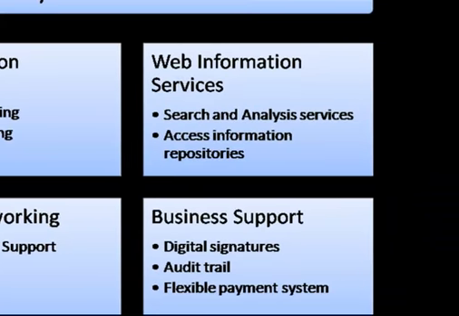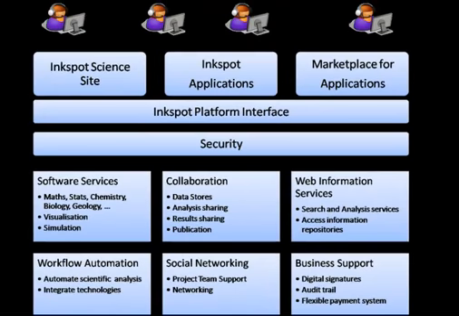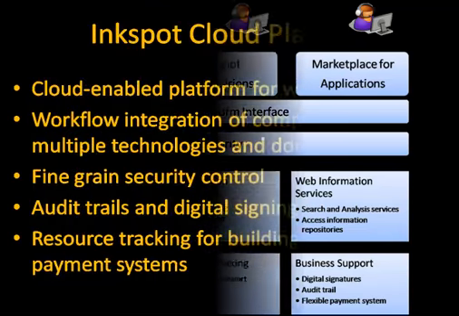And there's inbuilt digital signing and an audit trail for the management of intellectual property. It also offers tracking for building flexible payment systems. The overall platform has been used to build the Inkspot Science site, as well as Inkspot and third-party applications.